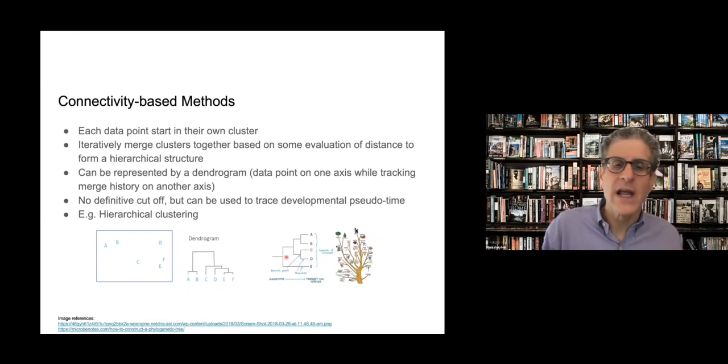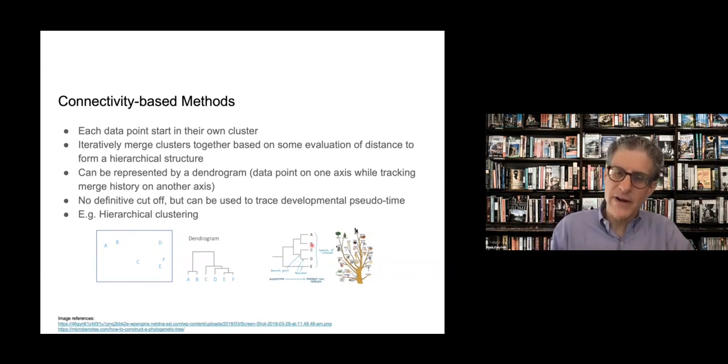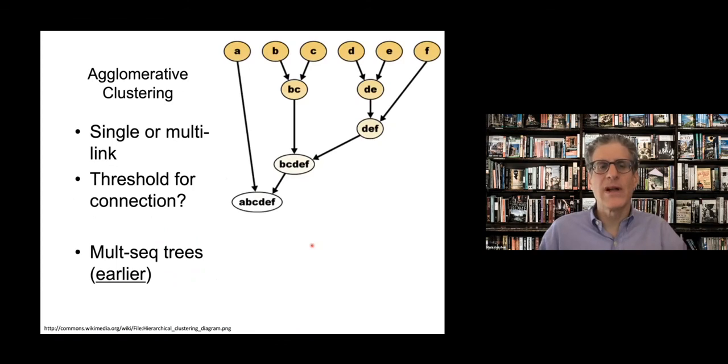But the problem is, to get clusters, you have to pick a threshold. You might say, well, I'm going to cut the tree here, and then all the things that are together at that cutoff are grouped together. And that's one type of issue. It's like picking the number of centers in k-means, a kind of arbitrary choice.